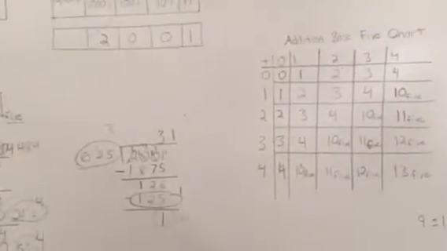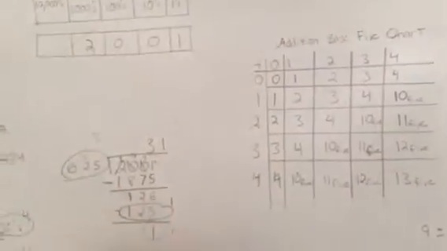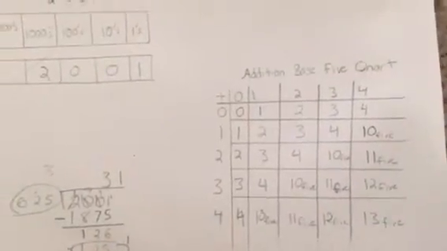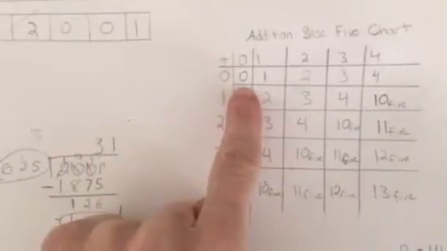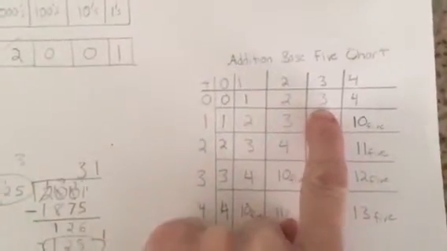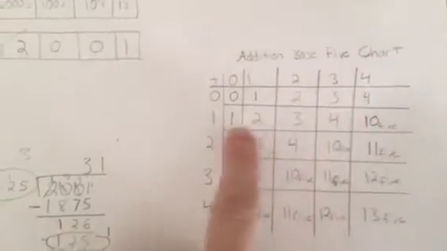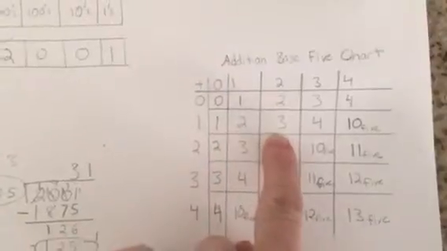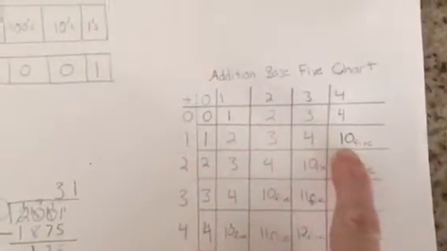Another part of the base 5 system is having an addition base 5 chart. The addition base 5 chart only goes up to 4. You take 0 plus 0, 0 plus 1, 0 plus 2, 0 plus 3, 0 plus 4. 1 plus 0 is 1, 1 plus 1, 1 plus 2, 1 plus 3, 1 plus 4.